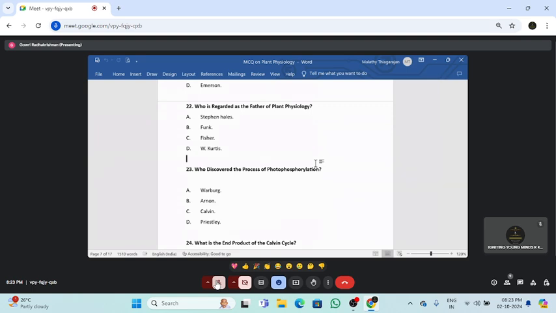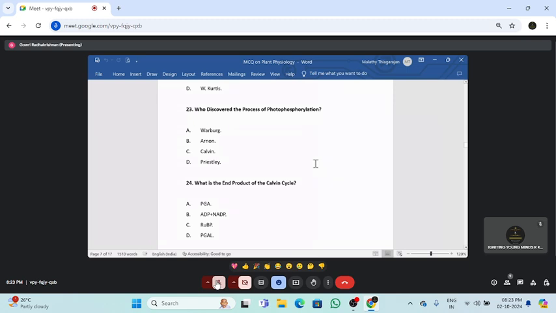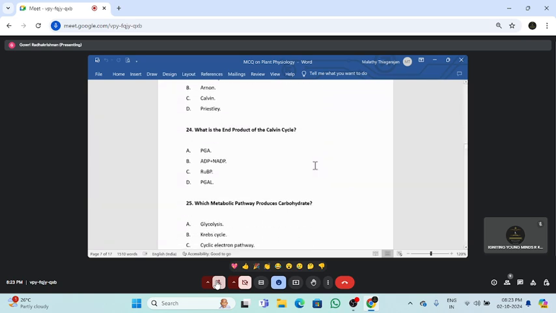That is option A. Who discovered the process of photophosphorylation? Option B, Arnon. See, these things I don't have much to explain. If that's the name, it's the name. That's all. You don't have any option.